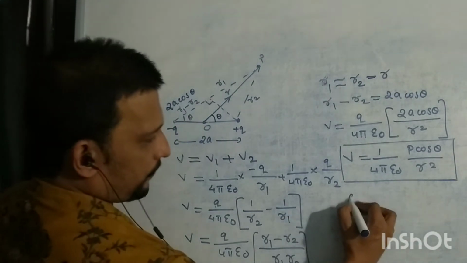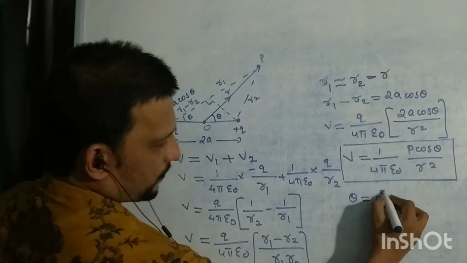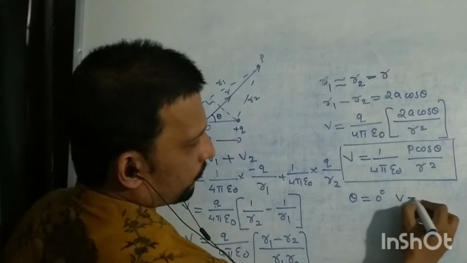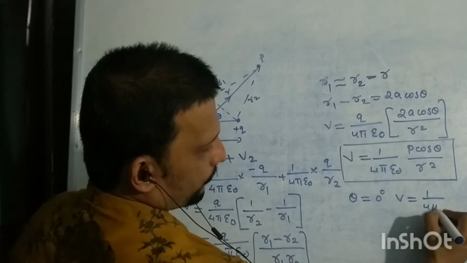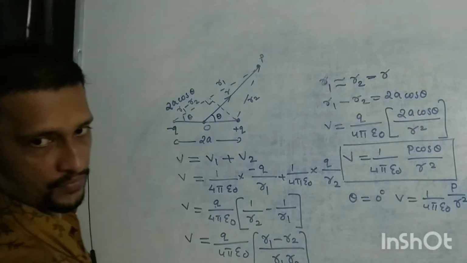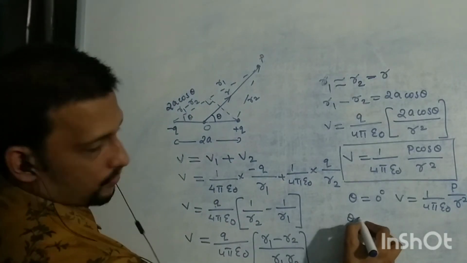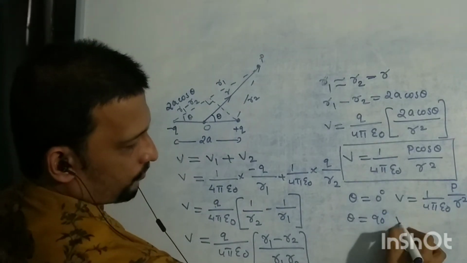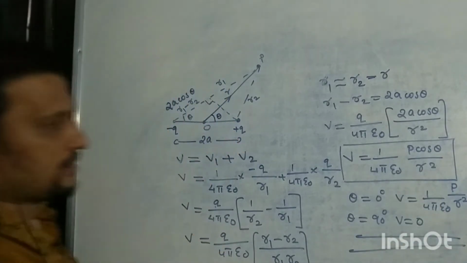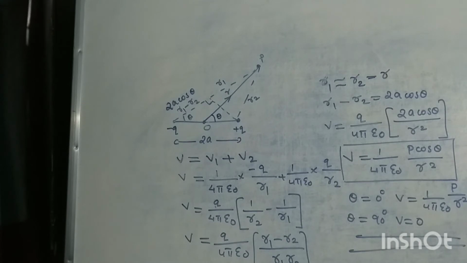And if theta is equal to 0 degree, we can say that this point is on the axial line. Then the potential becomes V is equal to 1 by 4 pi epsilon 0 p by r square. If theta is equal to 90 degree, V is equal to 0, since cos 90 is 0. So this is the potential due to a general point.